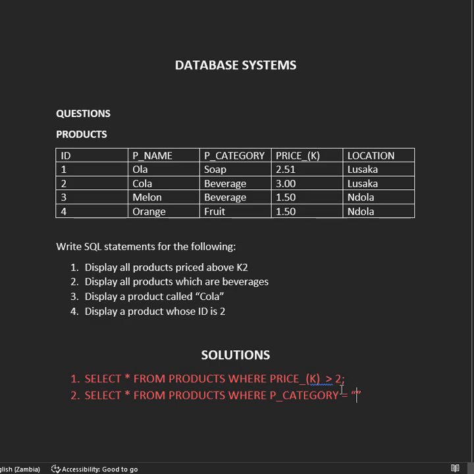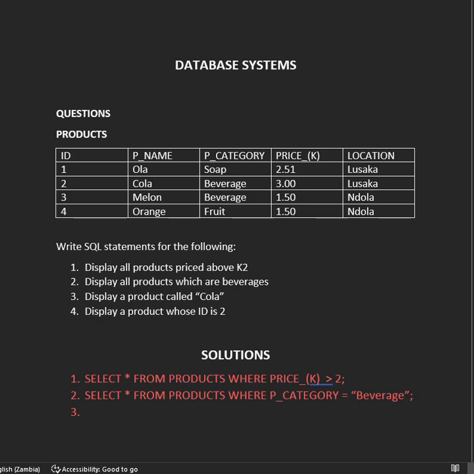On the first one, there was no need for quotes because we were dealing with a number, a digit. But when you're dealing with strings, they have to be put in quotes. So category equals 'beverage', then you place your semicolon. Each and every SQL statement has to be terminated with a semicolon. It's a termination symbol, which is also common in C++ and Java.